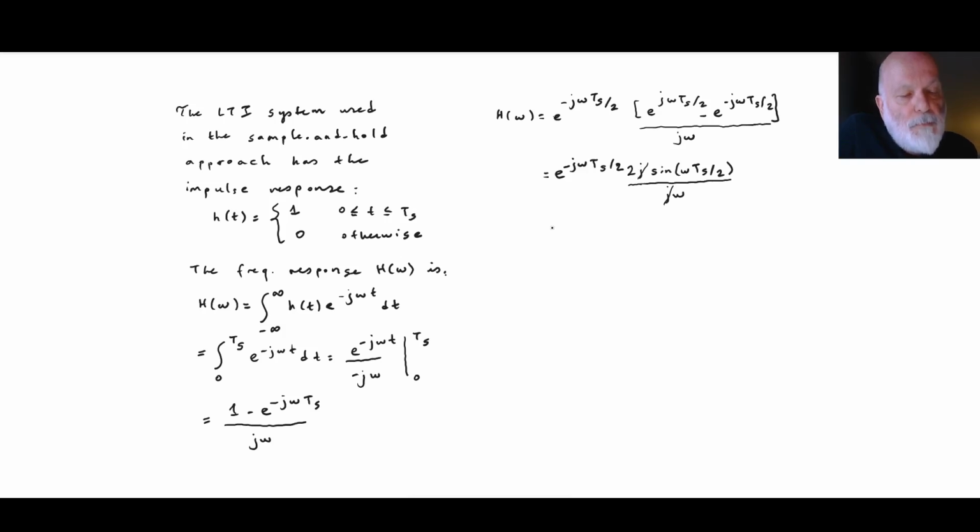Let us do the following. Multiply the numerator and the denominator by Ts over 2. So we have e to the minus j omega Ts over 2, sine of omega Ts over 2 divided by omega Ts over 2.